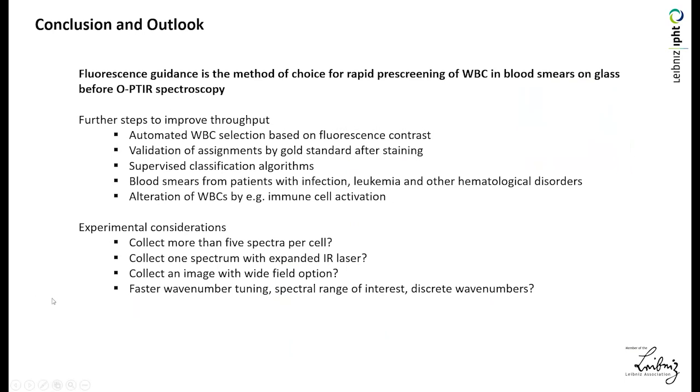Another option is to collect an image with a wide field O-PTIR approach, and of course, if the QCL laser offers faster tuning, this could improve the throughput. You can select a spectral range of interest. This also would reduce the exposure time, or the fastest way would be to select discrete wave numbers. But yeah, this is a topic of future work.